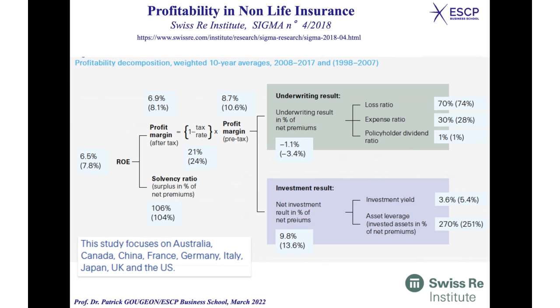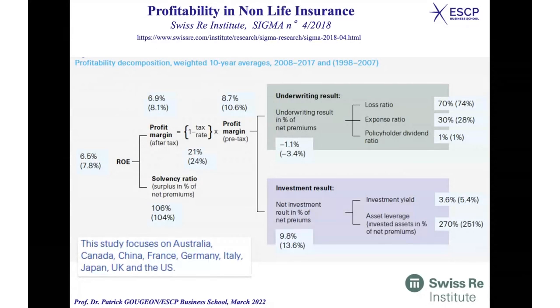And then you have a return on equity, which depends on what? On the operating profit margin, which is negative here, but also the investment result, which is positive and compensates, so that you have positive profit margins. And this positive profit margin is boosted by the solvency ratio, which is an indication of the amount of equity.